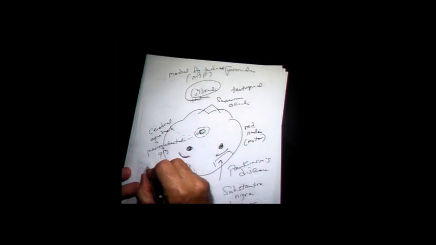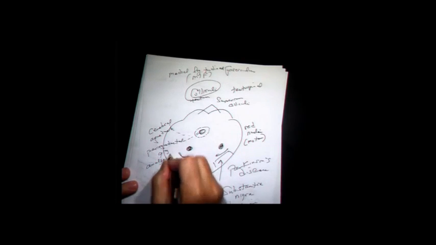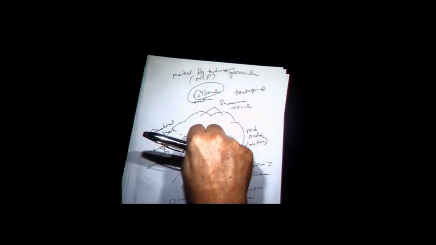And periaqueductal gray is extremely important because that is the major center in the brain where analgesics work. After my knee surgery, I can't get out of bed unless I take 10 milligrams of oxycodone. That's where the oxycodone works. That's good stuff. Block pain.